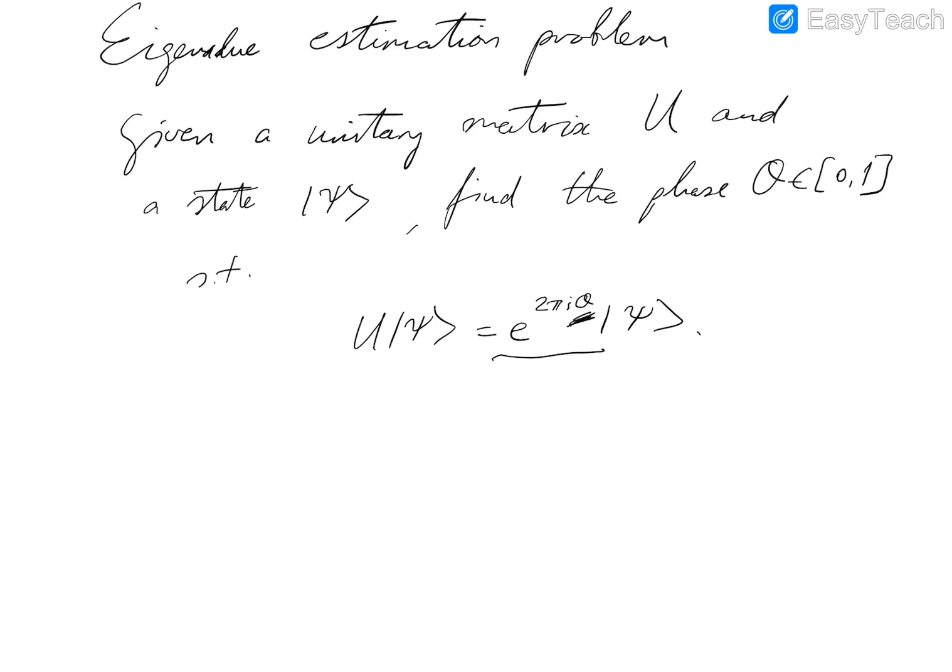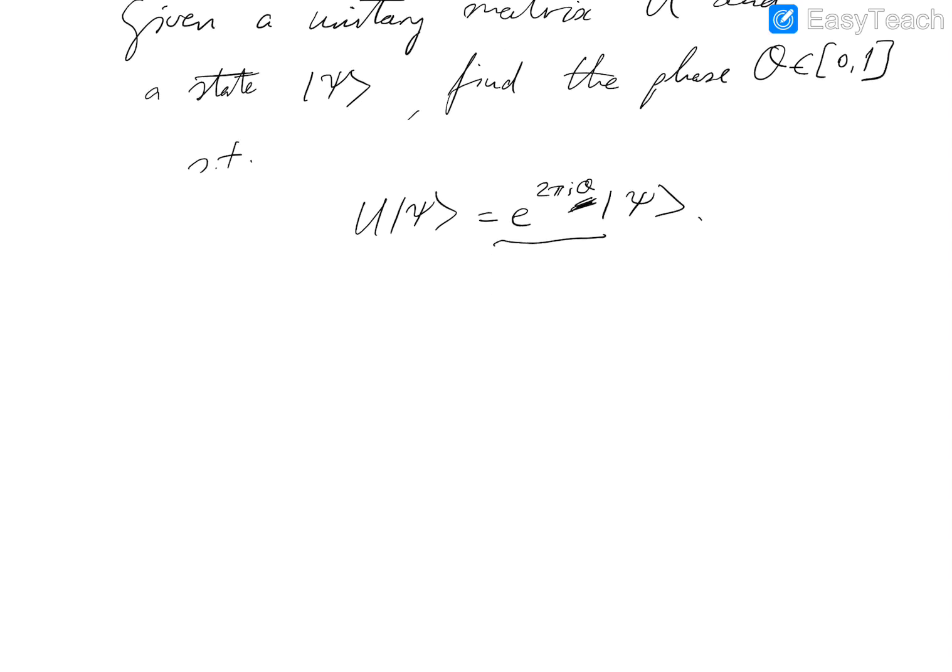The first register of the phase estimation circuit holds a number of qubits. So these are all set to 0.